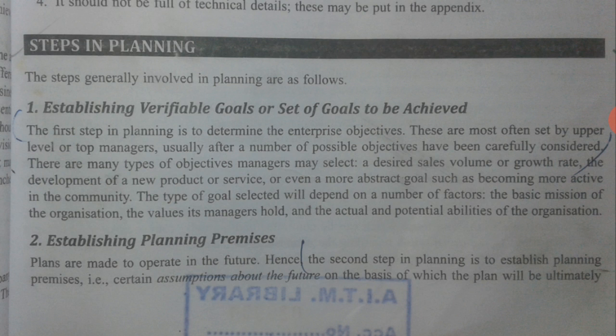For example, if there is too much competition, then it becomes a premise for them how to overcome this, how to take their product in such a way that it is competitive with other organizations. These premises are classified into three: internal and external premises, tangible and intangible premises, controllable and non controllable premises.